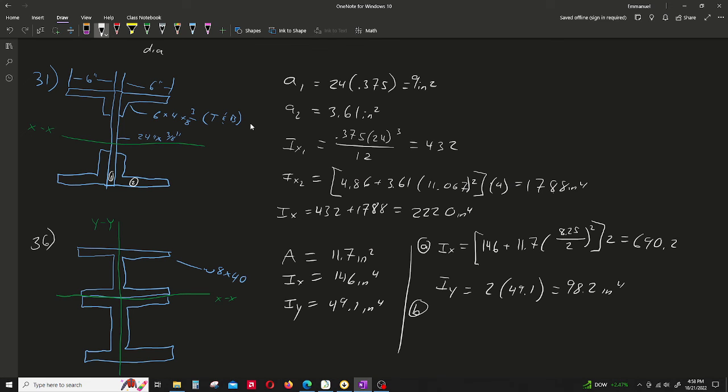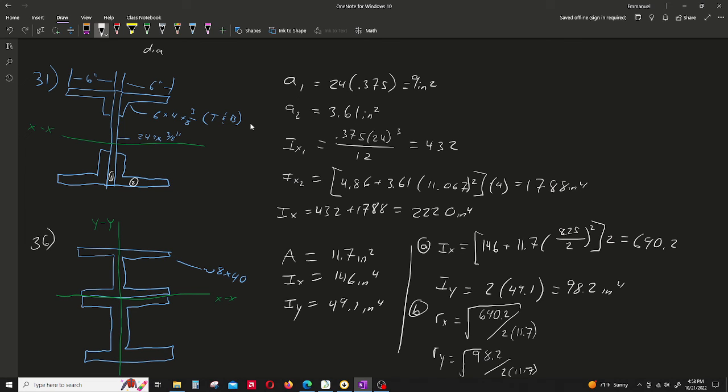So for B, our radii of gyration, we get Rx and Ry. And it's going to be 690.2 divided by 2 times the area, as well as 98.2 divided by 2 times the area for this one.